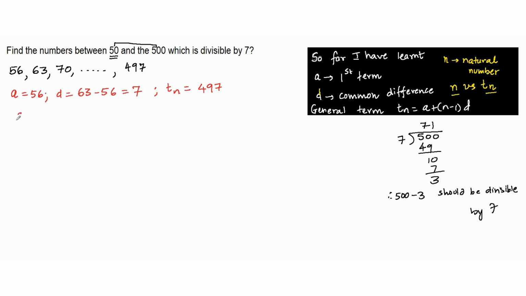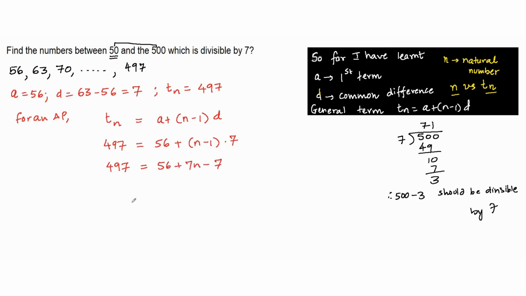So I know that for an AP, I can say that nth term is equal to a plus n minus 1 times d. The nth term is 497, which is equal to a, a is 56, plus n minus 1 times 7. And therefore 497 is equal to 56 plus 7n minus 7, which means 497 is equal to 56 minus 7 is 49, 49 plus 7n.